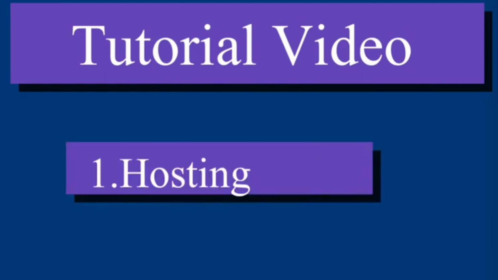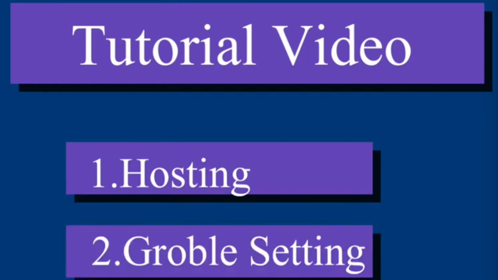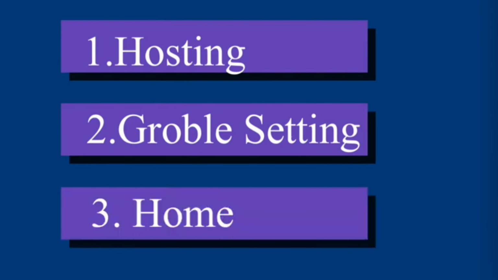So this website development series will go in this way. In the very first video, I have explained everything about the hosting, which hosting plan you should buy. In the second video, I have shown you what global settings you have to do in your WordPress dashboard. In the third video, I have explained how you can design the homepage of your portfolio website. Not only that, I have divided that homepage designing section into 4 different parts so you can have proper knowledge.